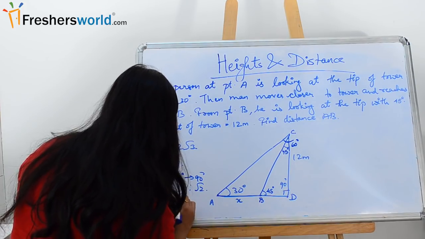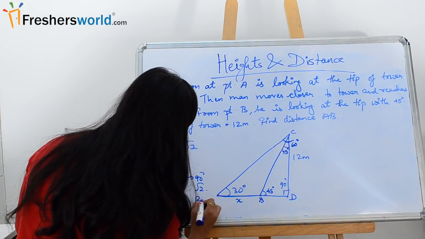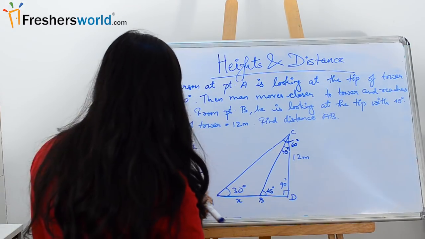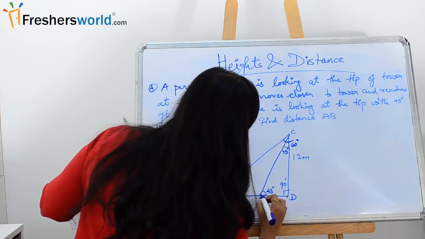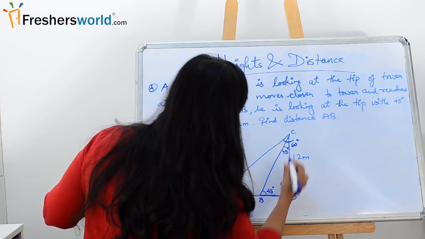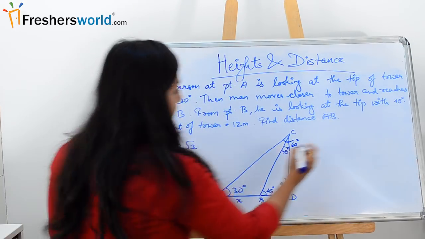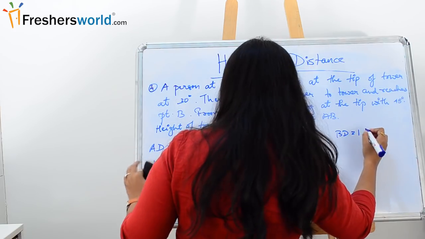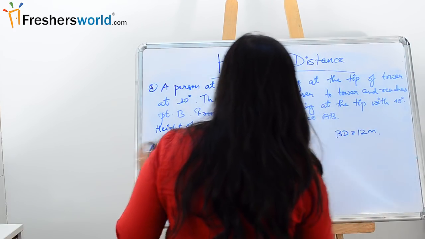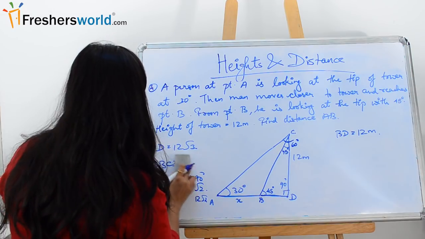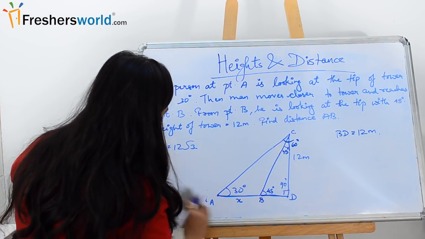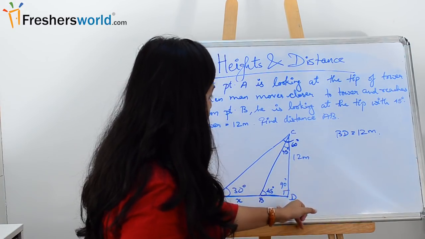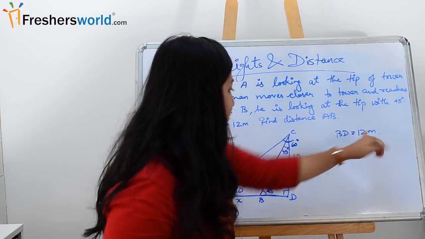So this is 12, this is 12 and this is 12√2. So again, from this equation we found out that side BD, which is opposite to 45 degree, is 12 meter. So from the first triangle we got AD equals to 12√3, and from our second triangle we got BD equals to 12 meter.